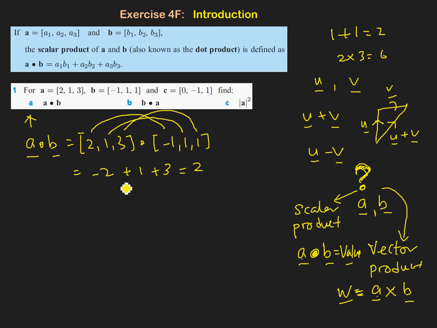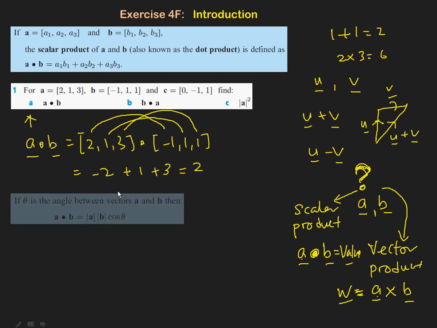And there's another definition, the geometric definition of the dot product. If theta is the angle between these two vectors A and B, then A dot B is defined as follows. How do I show this? I can show this geometrically.